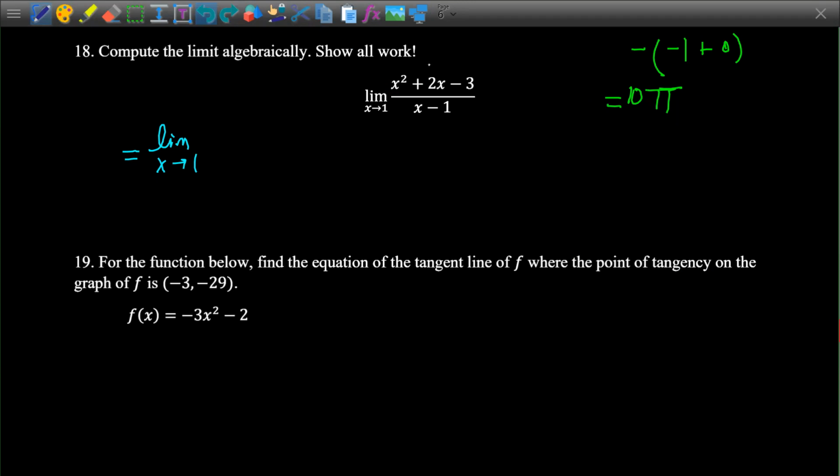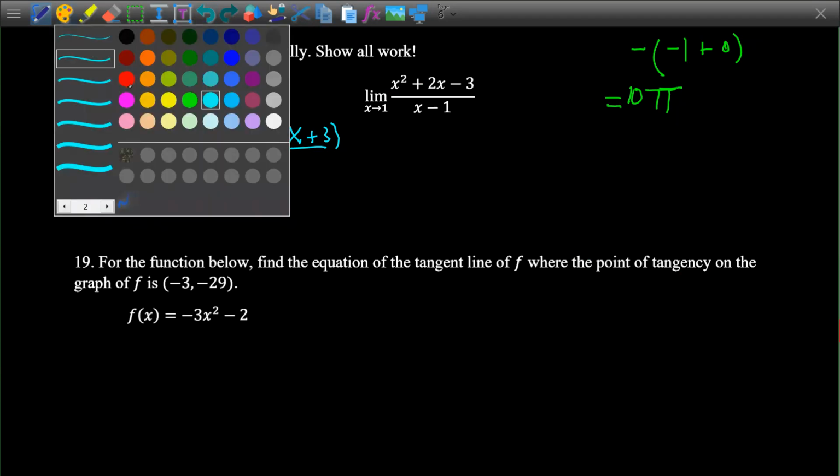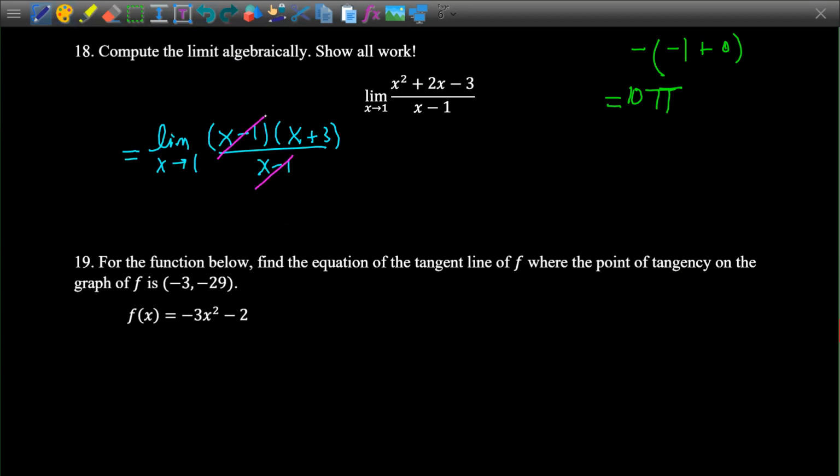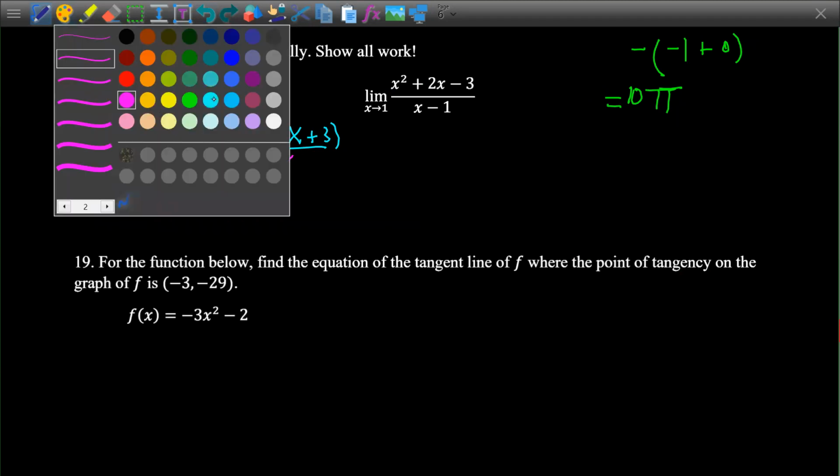And so that numerator factors very nicely into x minus 1 times x plus 3, and then it's over the x minus 1. So here's our opportunity to cancel and get an equivalent function now.